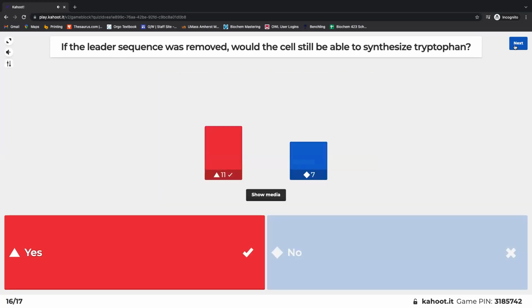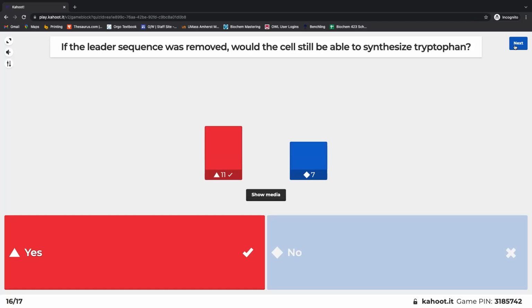Okay. So the leader sequence is not required for your proteins. That's what I'm getting at in this question. The leader sequence does not have to be functional. Even if you take out the leader sequence, all the proteins that are created are still functional, and you'll still be able to transcribe and translate tryptophan.